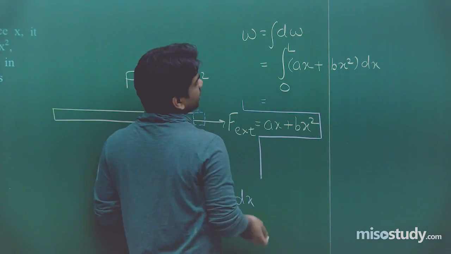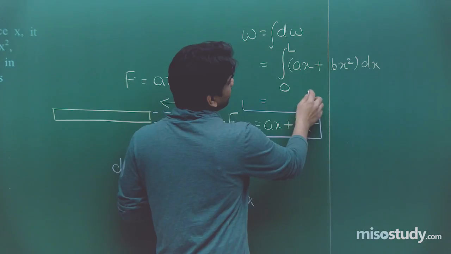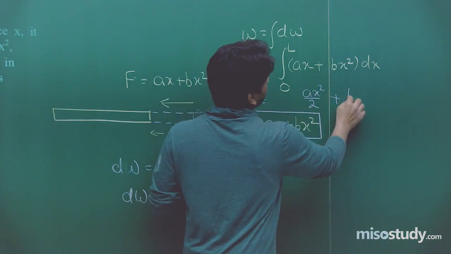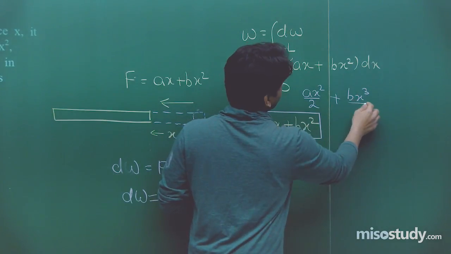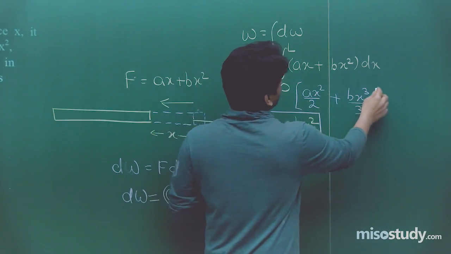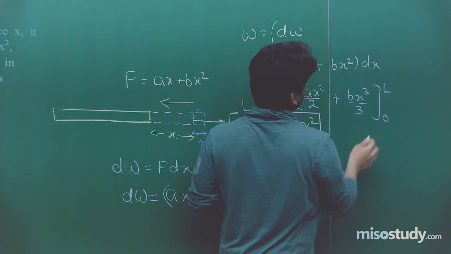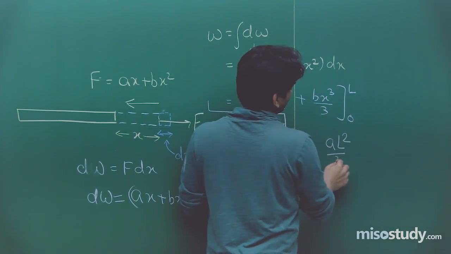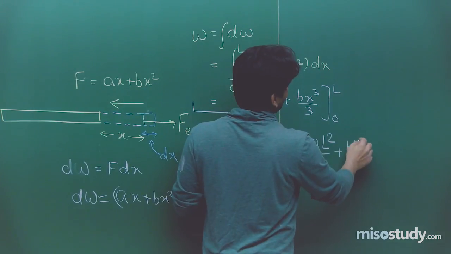You will get ax square by 2 plus bx cube by 3. This is what you are going to obtain, and put up the limits 0 to capital L. So finally you will get al square by 2 plus bl cube by 3.